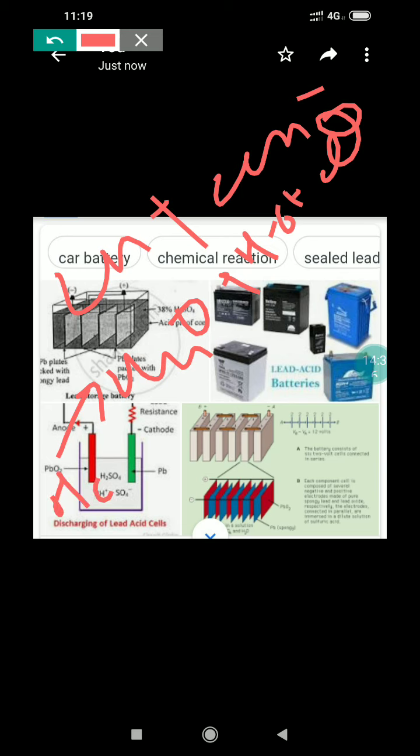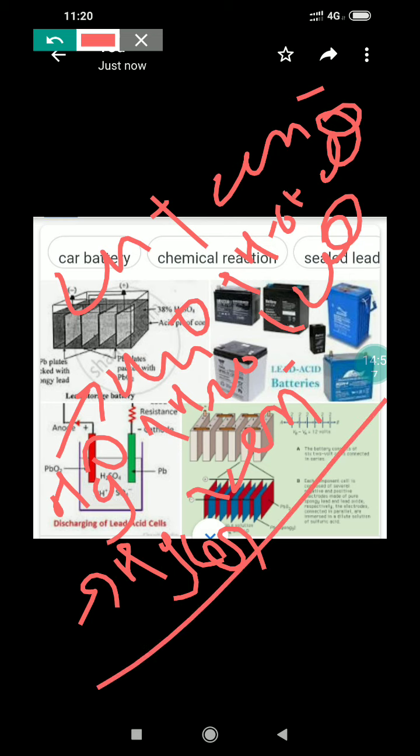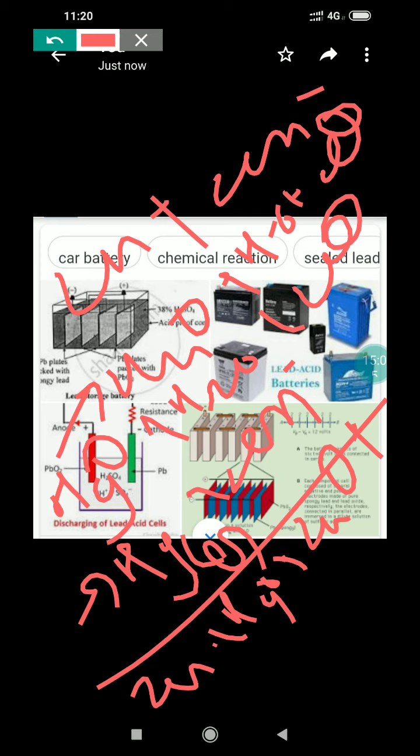And at the cathode, HgO plus H2O plus 2 electrons, giving you liquid mercury plus 2OH-. The overall cell reaction is Zn plus HgO, giving you ZnO plus Hg. This is the mercury battery cell, also called a mercury battery.